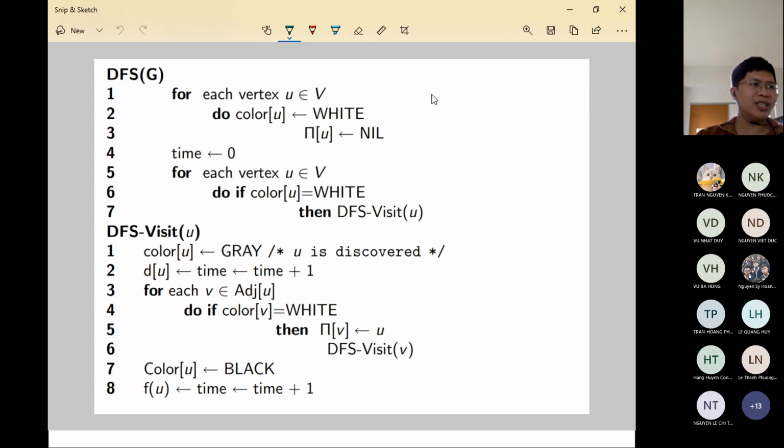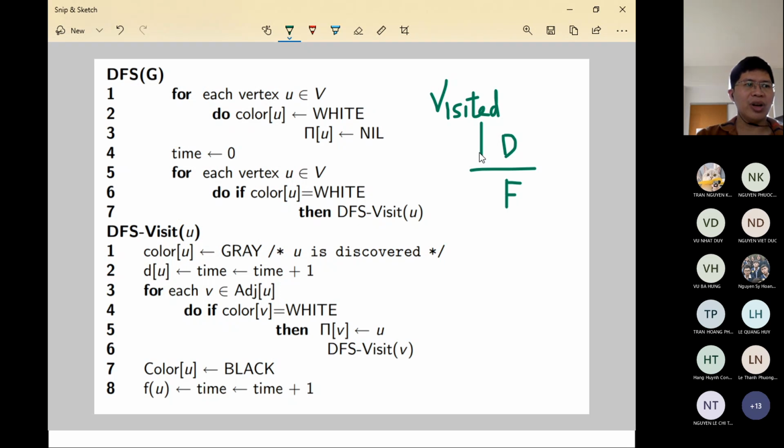We have something visited, so what does that mean? We have two things: the discovery time, which means we discovered the node without finishing it, and the finishing time.